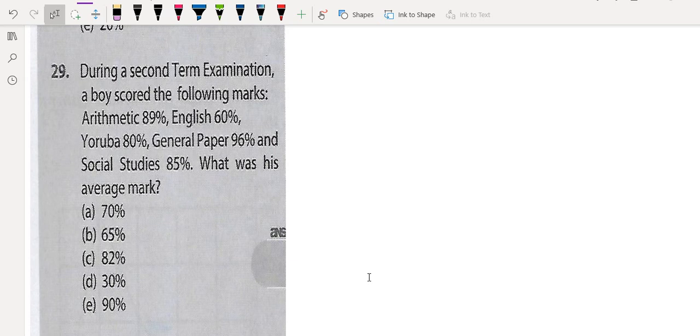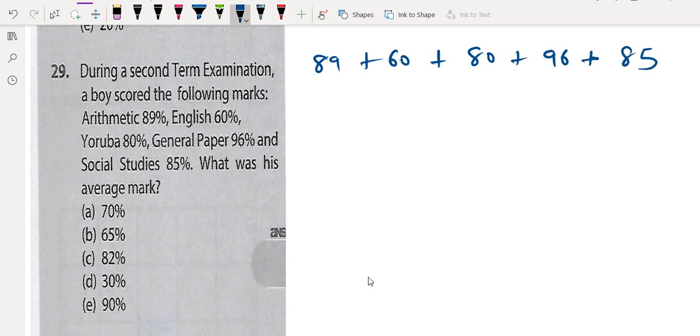What was his average mark? So how will you calculate the average mark? Tell me. 89 plus 60 plus 80 plus 96 plus 85 over 5.